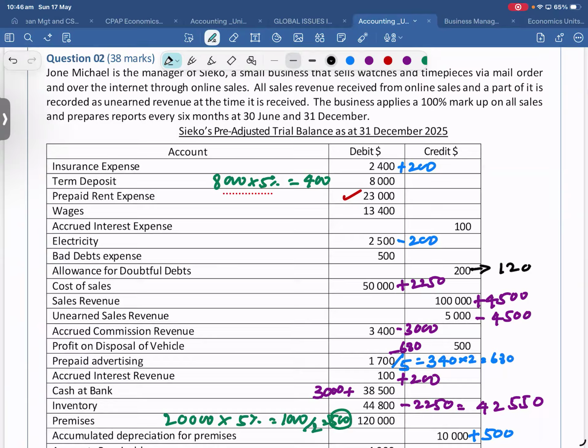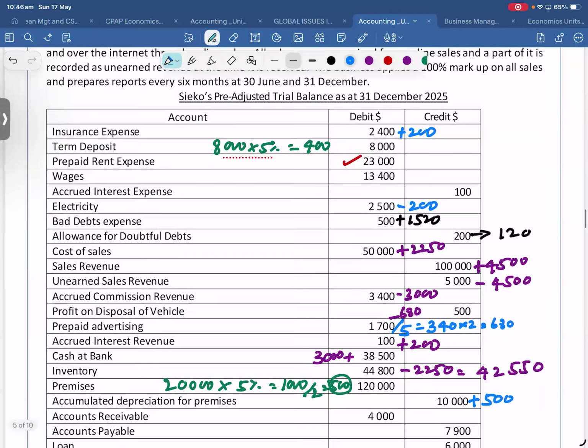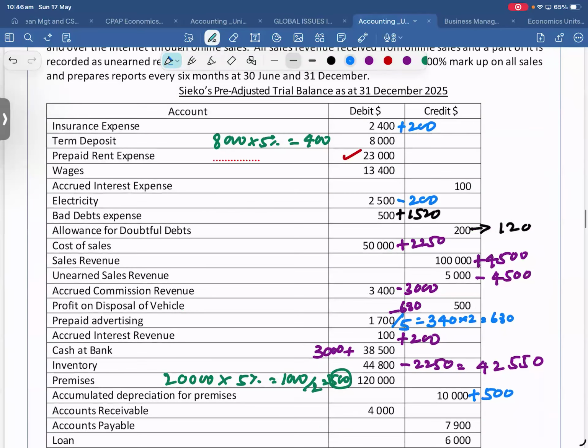And then bad debts, you are adding how much? 1520. Then we have to do the double entry for the 1520. That's a different double entry. Bad debt expense.